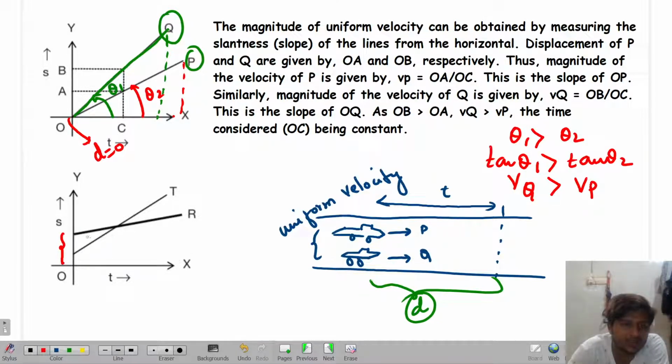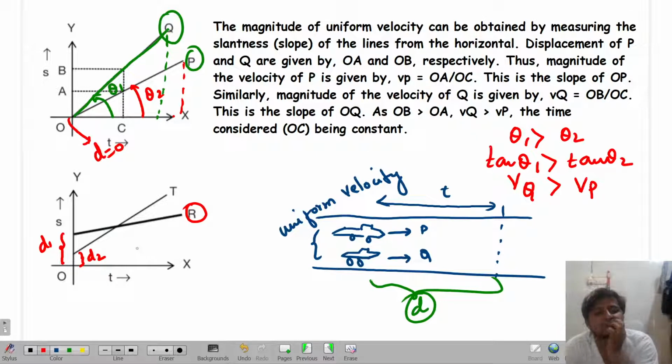This is my car R, it has some initial displacement d1 over here, while car T has a smaller initial displacement d2 over here. Now the graph of both of them is there. This is again displacement, this is again time. This line is representing the velocity of car T. This particular line is representing the velocity of car R.